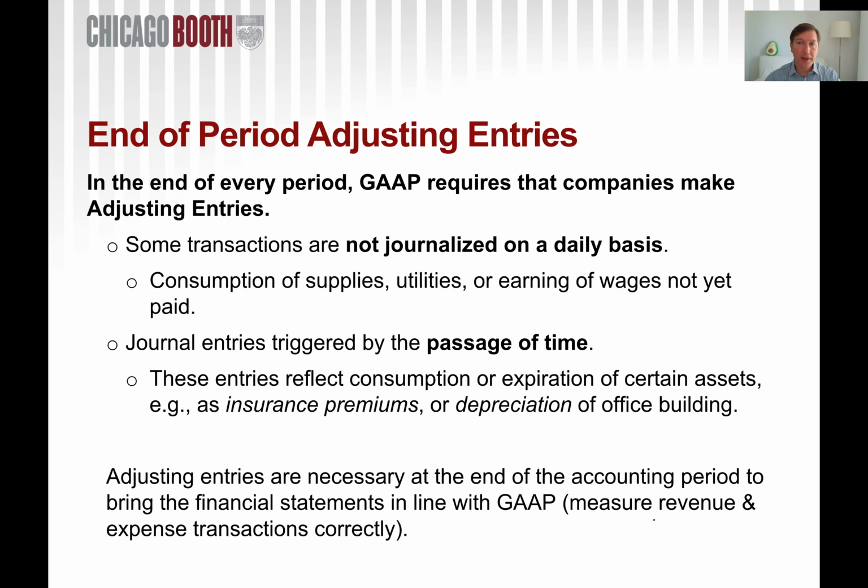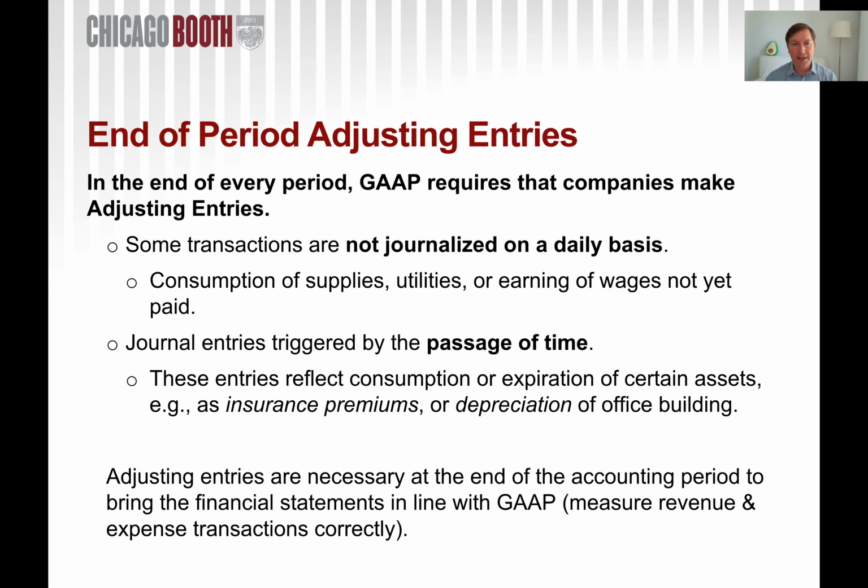Okay, so end of period adjustments is something that's necessary to talk about, because under cash accounting we wouldn't have these adjustments, but under accrual basis accounting we have something that GAAP requires accountants to do, and these are called adjusting entries, right? They happen at the end of every period, and the reason we have them is two reasons.